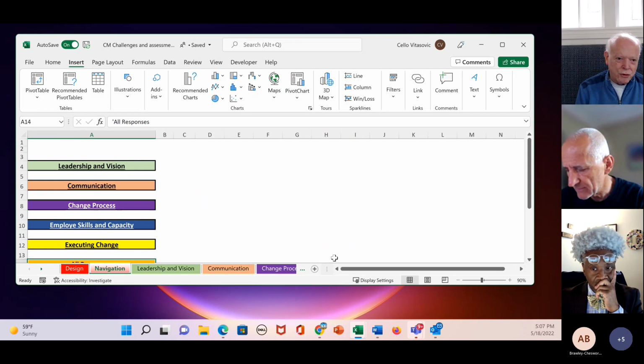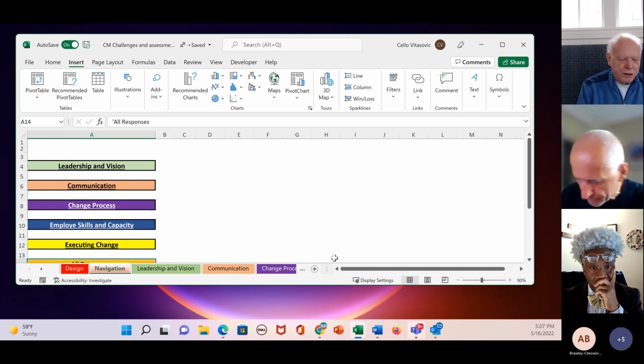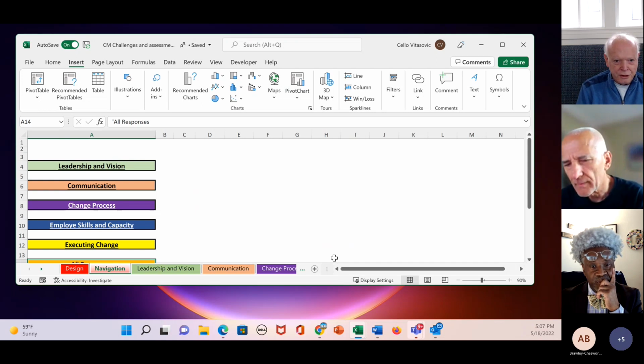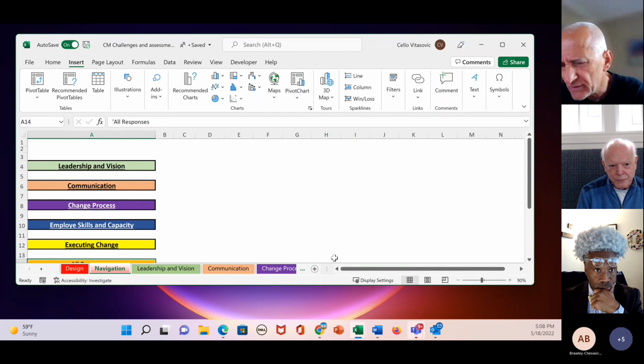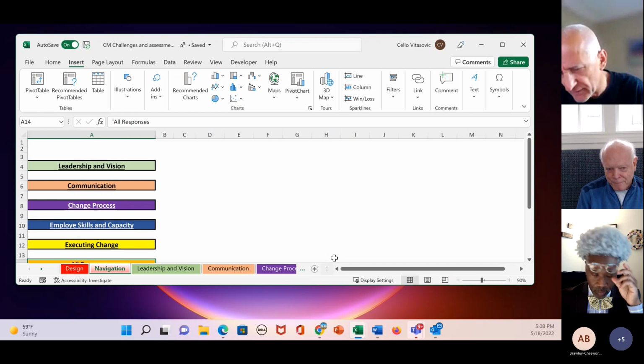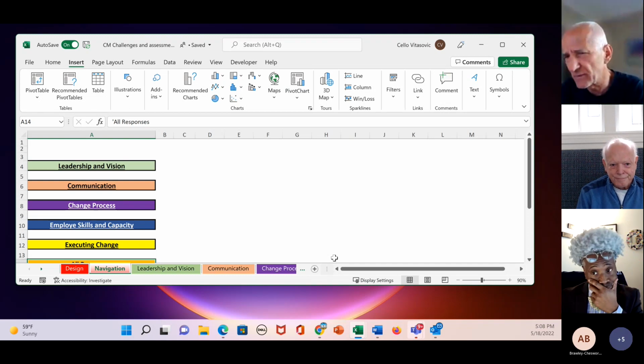The overall approach is not to have the project team run this, but to put each utility in a position to be trained and know how to use these tools and facilitate those sessions. So Cello's role, with my help, is just to make sure that you're prepared to do that. When Scott says project team, he means the WISE project team, not your project team on your specific change management.